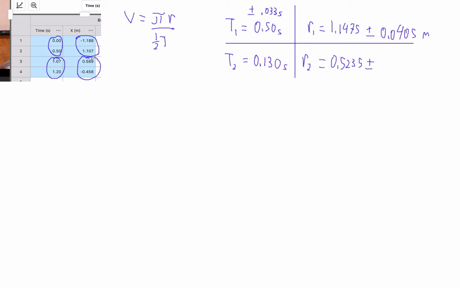And then plus or minus the difference between the, so we're going high minus low, divided by 2. That's my plus or minus. Okay, so the high is this, the low is that, right? Now I'm talking about the absolute value, not negative 0.458, but 0.589. 0.589 minus 0.458 divided by 2, 0.0655.